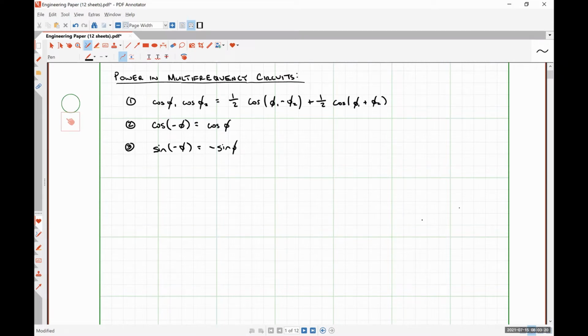Let's say that we have a generic circuit element like so.